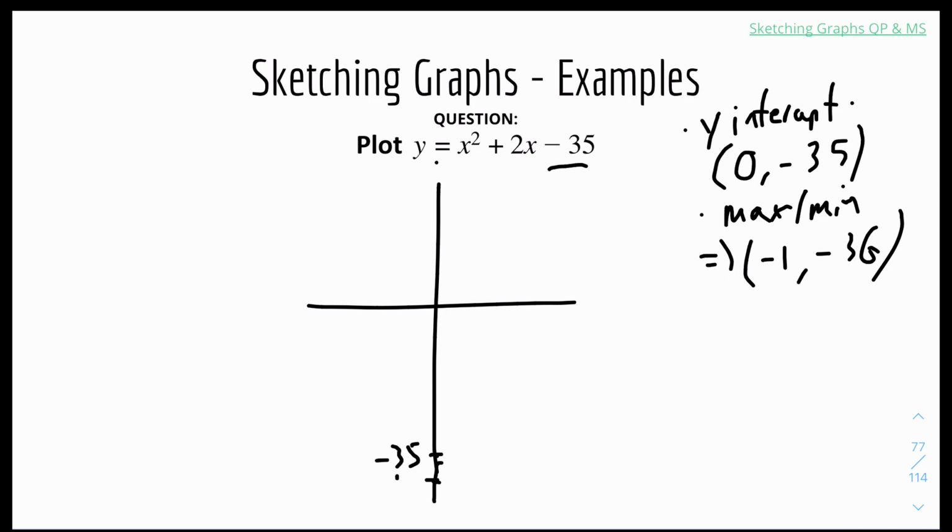And then we have to find the roots of the equation. So we need to put this into the quadratic formula, which is x equals minus b plus or minus the square root of b squared minus 4ac, over 2a.